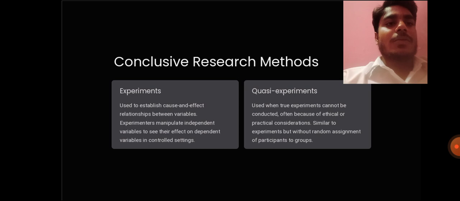After that, we are going to discuss quasi-experiments, which are used when a true experiment cannot be conducted because of ethical or practical considerations, which means it cannot be taken as unethical alternatives.